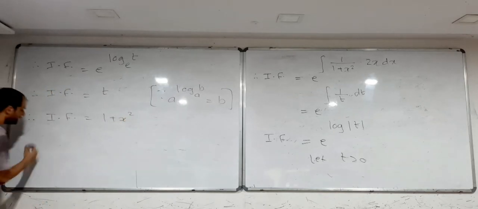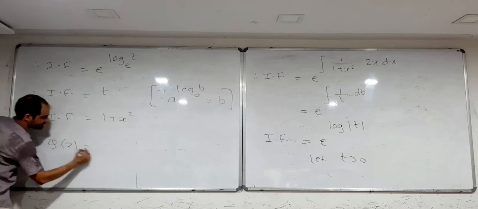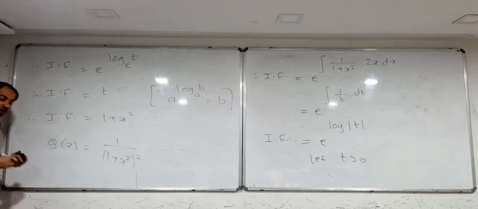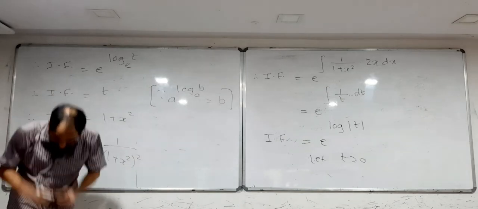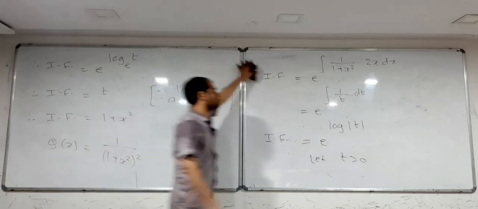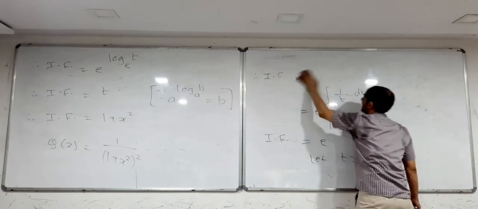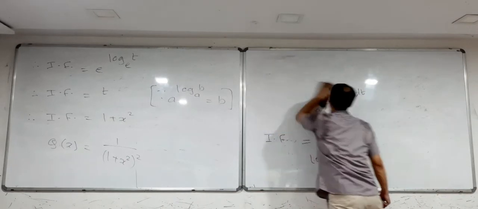This is integrating factor, q of x का 1 upon 1 plus x square the whole square. तो आपको पता चल जाएगा कि जनरल सॉल्यूशन में q of x लिखो. ऐसा मिस्टेक नहीं होगी.